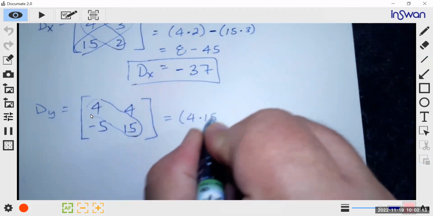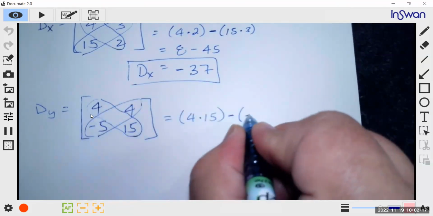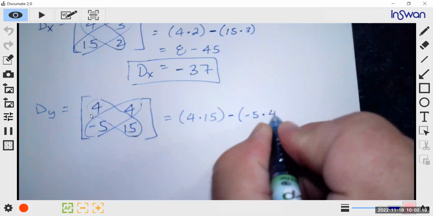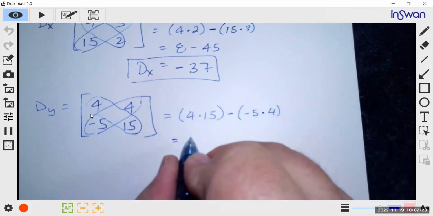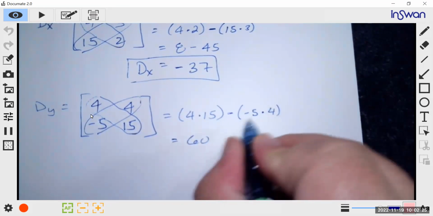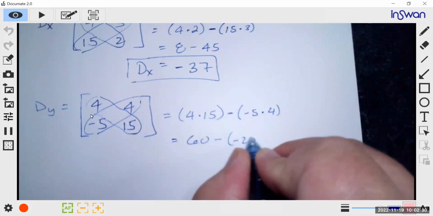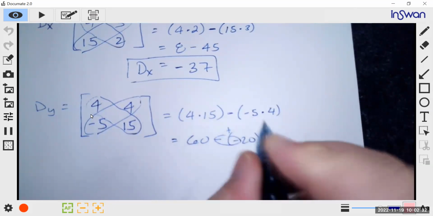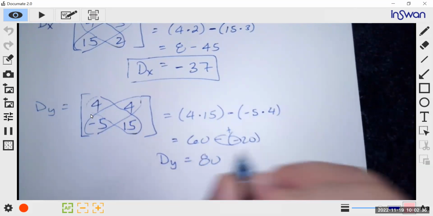Four times 15 minus negative 5 times 4. 4 times 15 is 60. Minus negative 5 times 4 is minus negative 20. That changes to a plus. So Dy is 60 plus 20, which is 80.